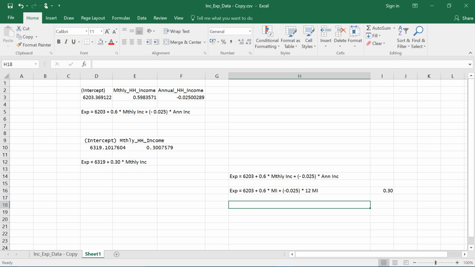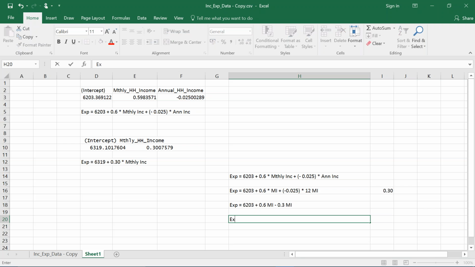So this equation will become expense is equal to 6203 plus 0.6 monthly income, minus, because minus 0.025 into 12, so minus 0.3 monthly income. 0.6 monthly income minus 0.3 monthly income is what? 0.3 monthly income.